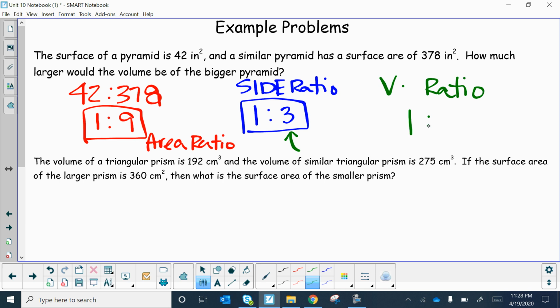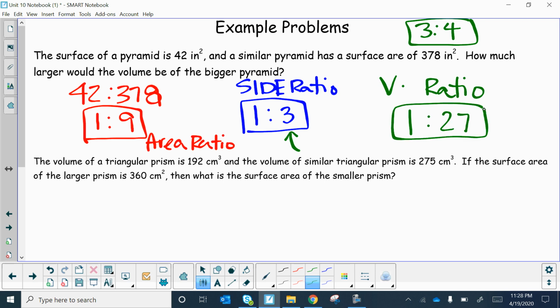Sometimes it can be 2 to 3. Sometimes it can be 3 to 4, okay? So just because it's always 1, you do not need to reduce it. You can leave it in that form right there. But 3 cubed is 27. So 1 to 27, so the volume's going to get 27 times larger.